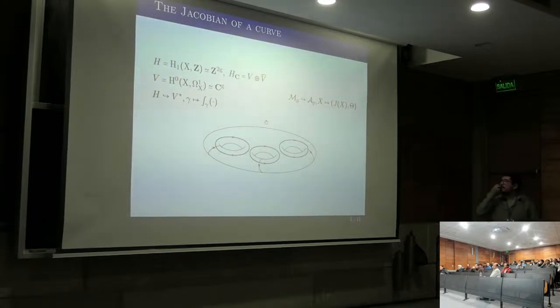And you know that if you complexify this module, you obtain a C vector space, and this vector space has 2 pieces by Hodge decomposition theorem, essentially. And one of them corresponds exactly to holomorphic one forms, and it's a g-dimensional vector space. This is very classic, right?